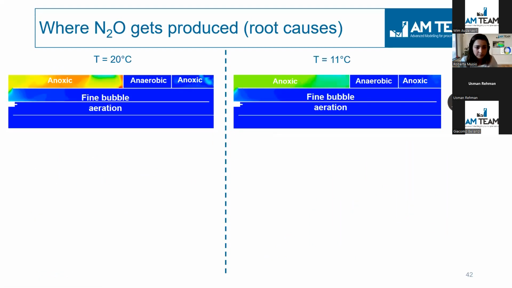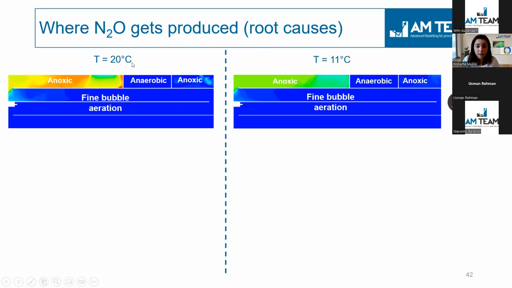So going back to the Canadian plant, here we see the root causes. First of all, we look at the heterotroph production rate, and we're looking at two different scenarios. One is at 11 degrees, and the other one is at 20 Celsius degrees.